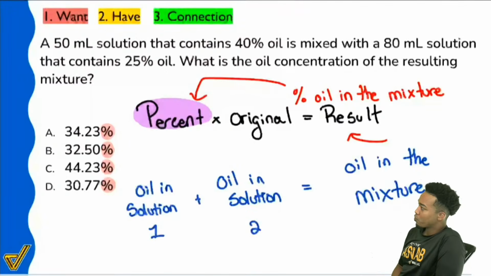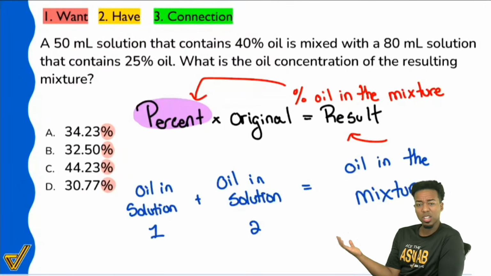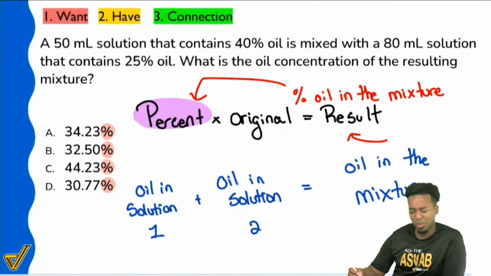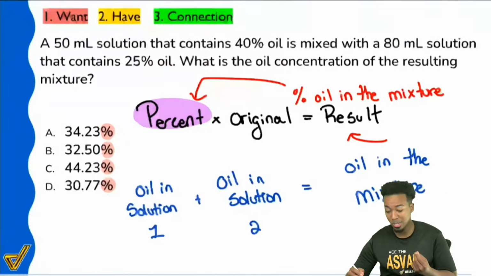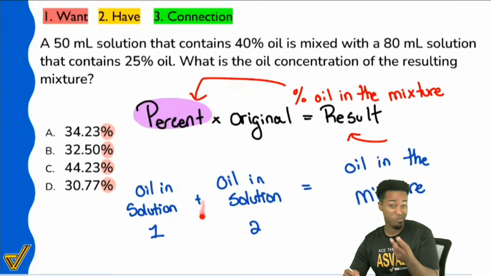Now, the following question is this. How can we use the information we have to figure this out? Because I don't think the problem, if we read through it, actually tells you the amount of oil in solution 1 or the amount in solution 2.